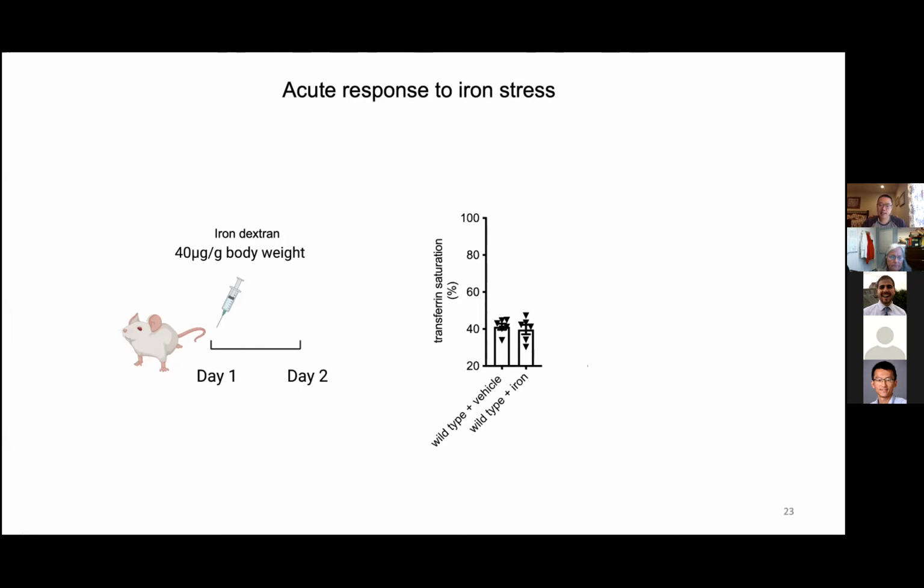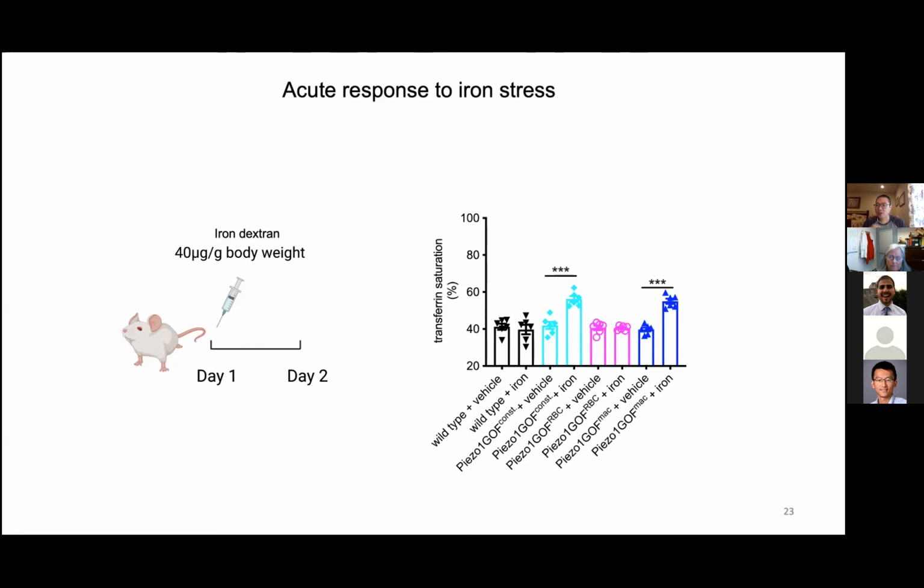However, when I did the same experiment on the gain of function animals, we observed a significant increase in blood iron after this treatment. We also showed that this is specific to the macrophage-specific gain of function animals, suggesting that the younger adults with compromised hepcidin in the gain of function mice are more susceptible to quick iron stress.